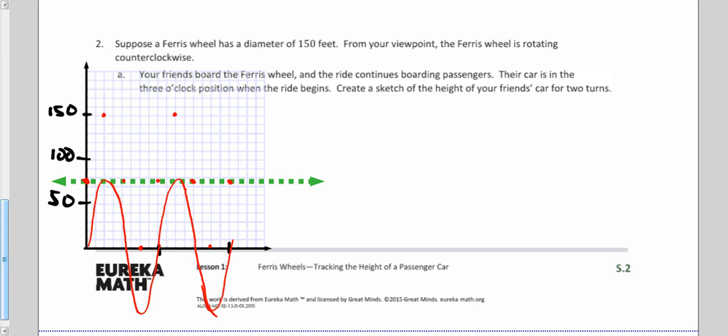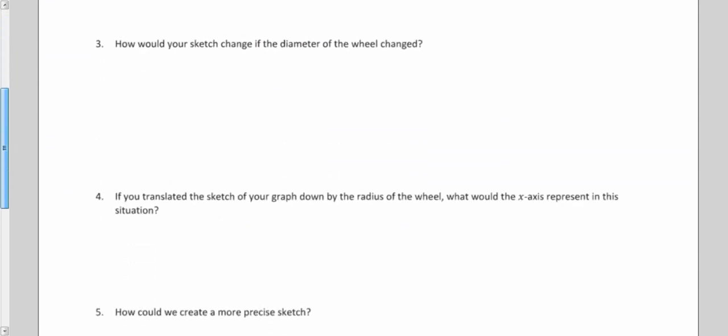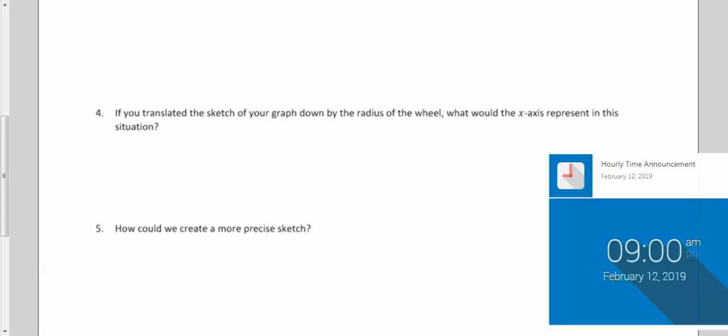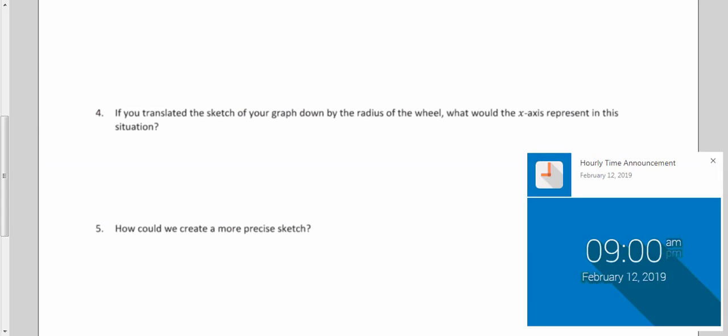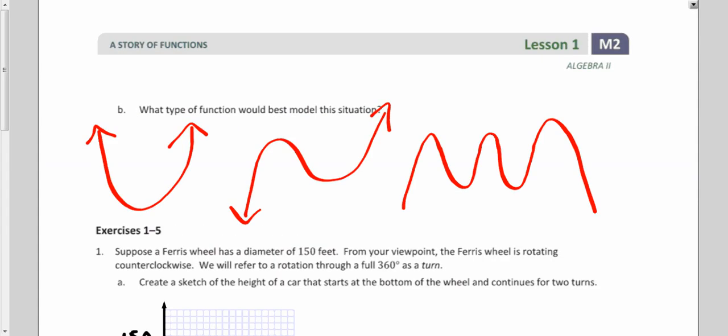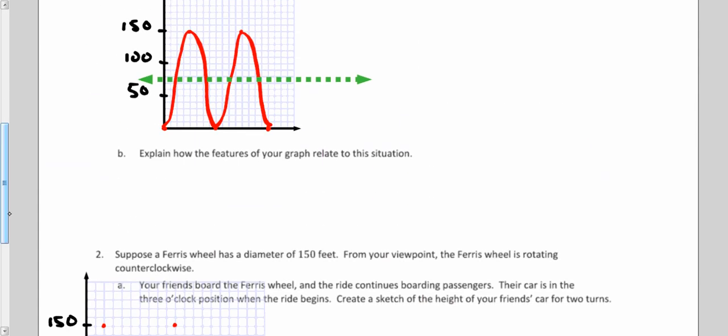So, what does this look like now? Have we seen this before? Yes. Well, if you translated your sketch down, so it's asking, if you translated your sketch down 75 feet, what does the x-axis represent in this situation?